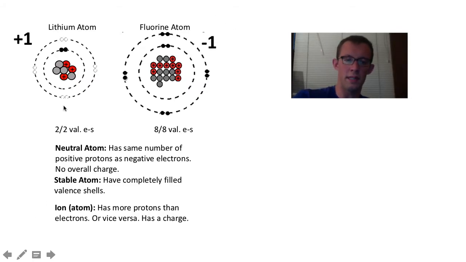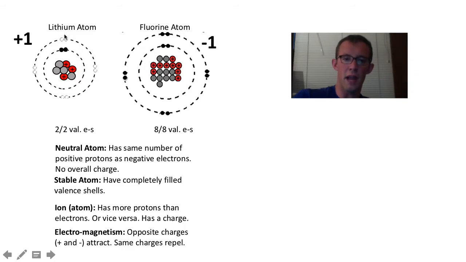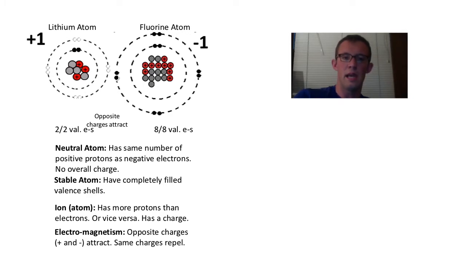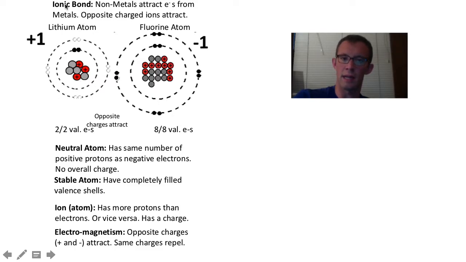And so we would call these 2 atoms ions, which are just atoms that have charges, an imbalance of protons and electrons. And because these ions are oppositely charged, they'll attract each other. So we'll watch that happen here. And we call this connection that forms between these oppositely charged particles an ionic bond.